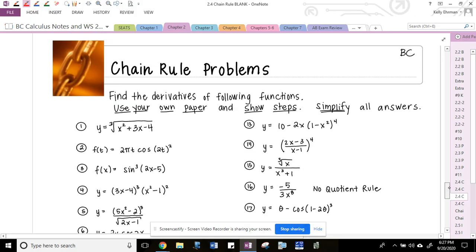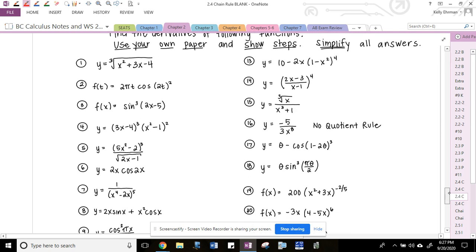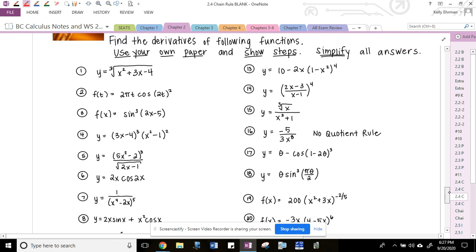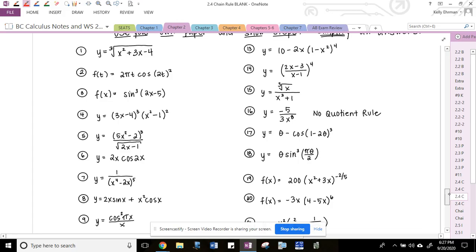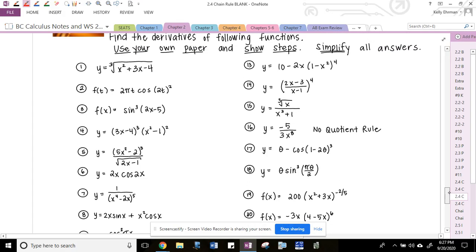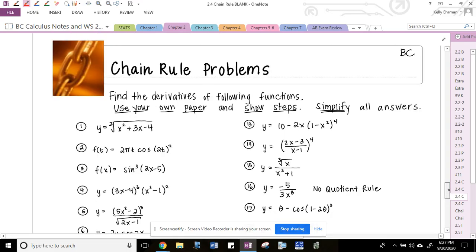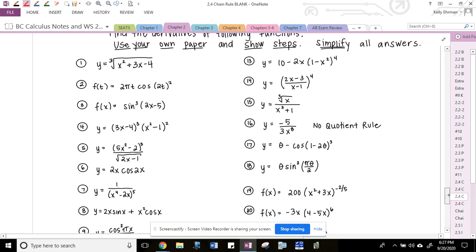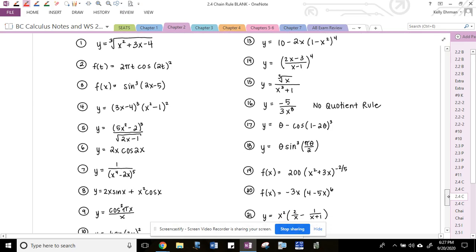I actually encourage you to work with each other, but don't just copy from each other, because if you can't master chain rule, then you're done in this class. There's no way that you'll survive BC if you can't get the hang of chain rule, and it just takes practice. For some of you, it might not click right away, and that's okay, but you need to get the hang of it and you need to recognize it.